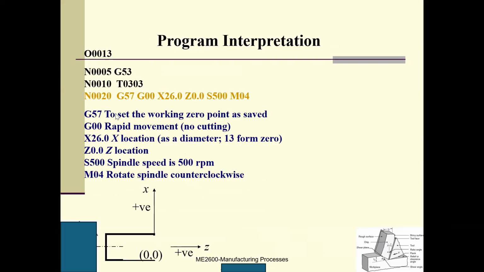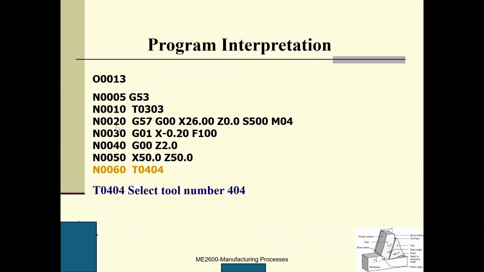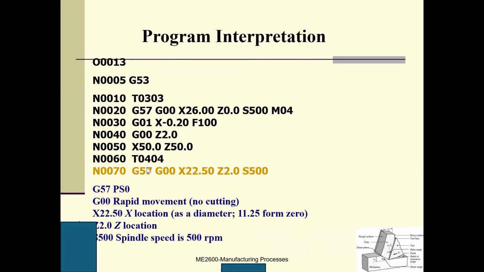So G57 sets the working zero point as saved, right? So here I have another G57 as saved, and so here G00 goes to X and Z with this spindle speed, which equals 500 RPM.